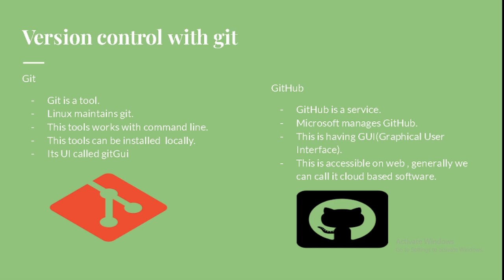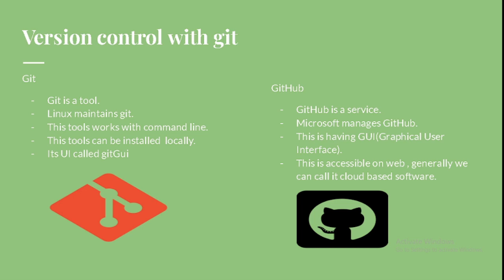However, GitHub we can access through a browser URL like github.com, where we access it with our authentication and authorization. Then we can access our resources. There is also a GUI with Git, called Git GUI.